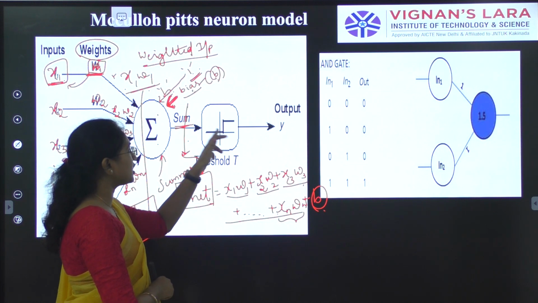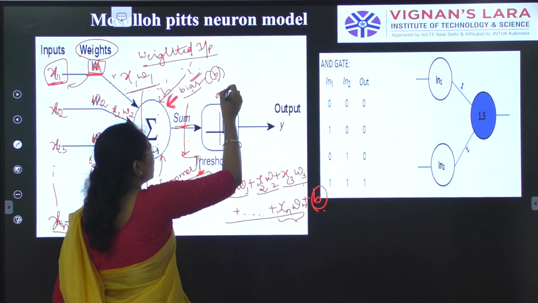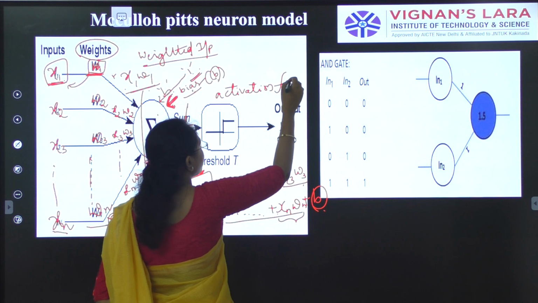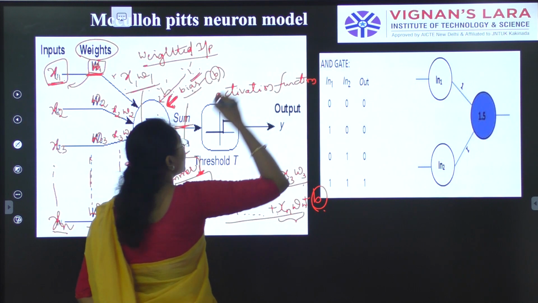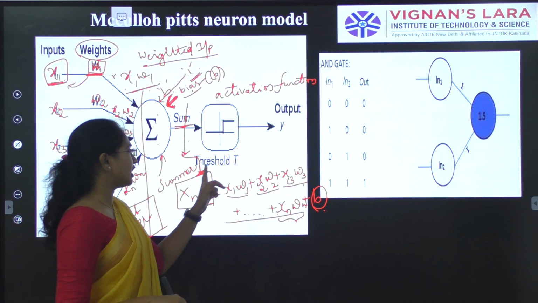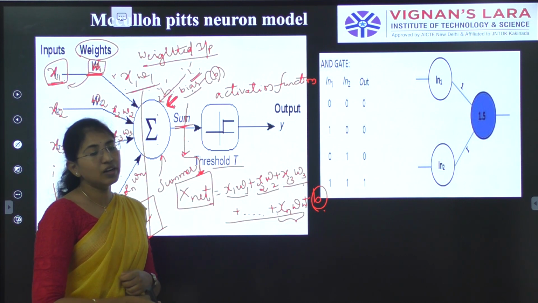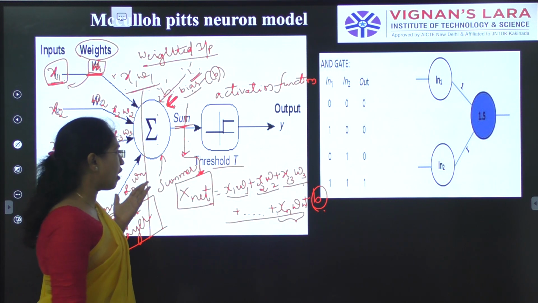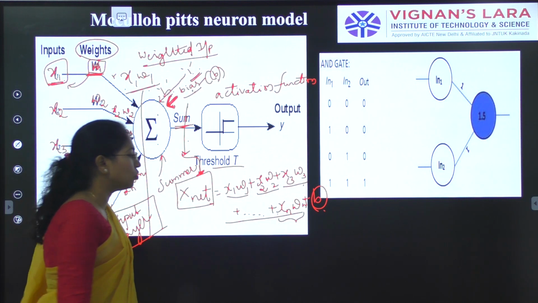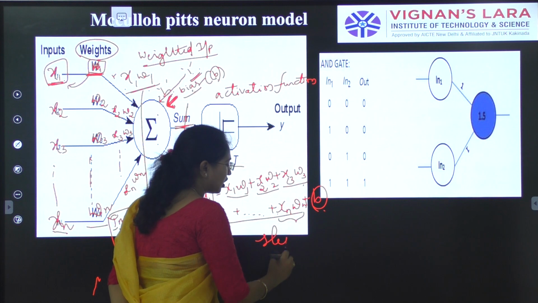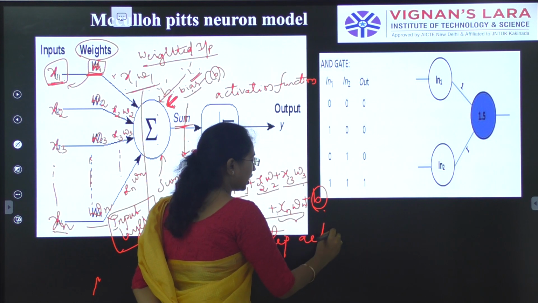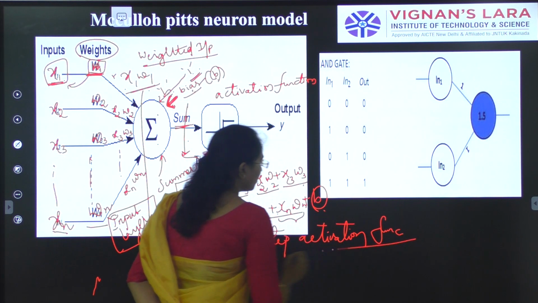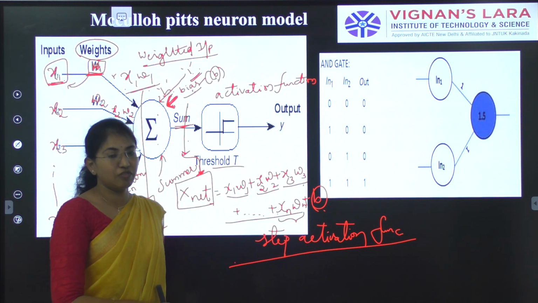Now this X net is passed through a threshold function, or we can call it the activation function. In general, there are different types of activation functions, of which the McCulloch-Pitts neuron model uses the binary step activation function, or step activation function.